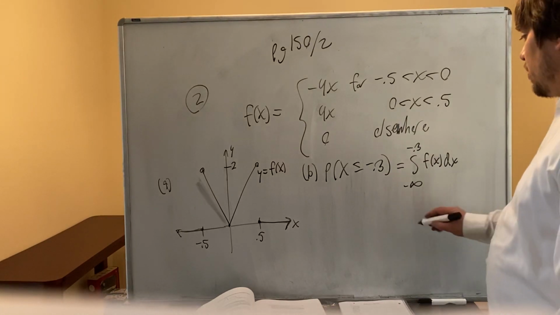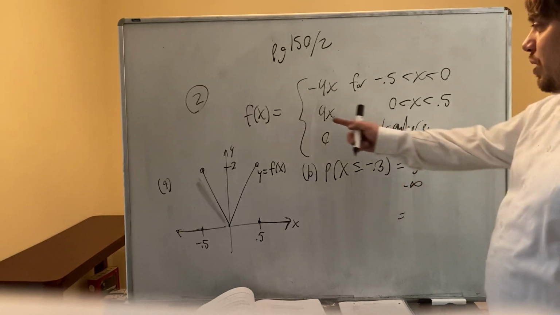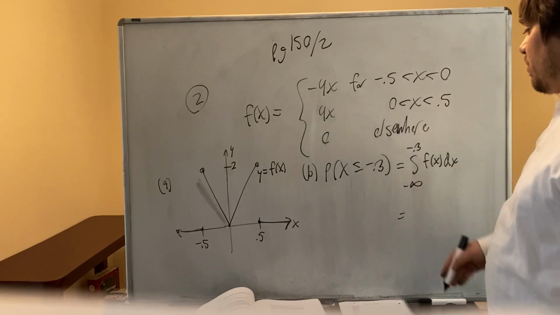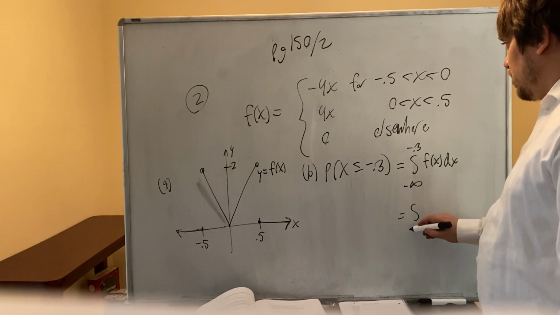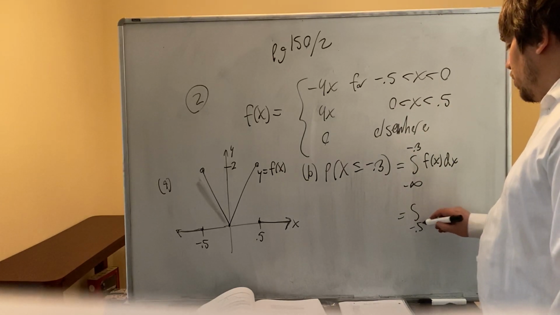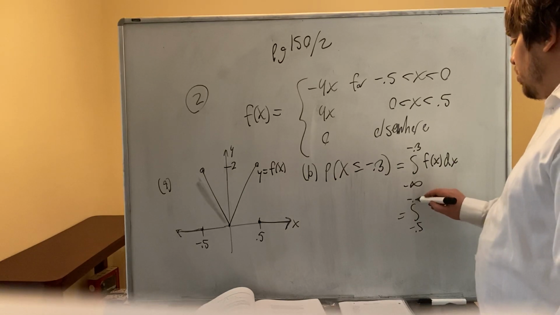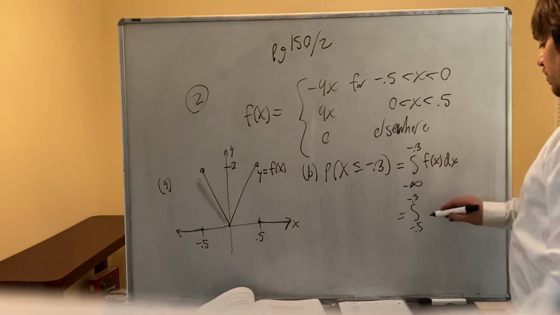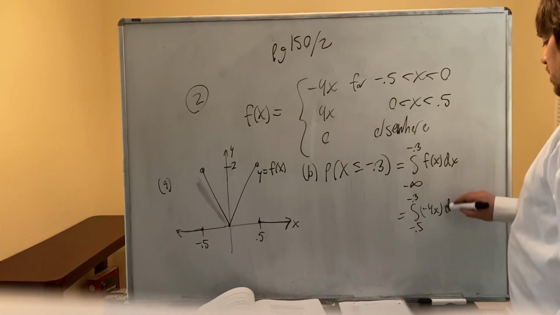Okay, and so this is equal to, well, if f is 0 everywhere less than or equal to negative 0.5, then we only care about starting at negative 0.5 to negative 0.3, right? The rest is 0. And so the graph there is negative 4x dx.